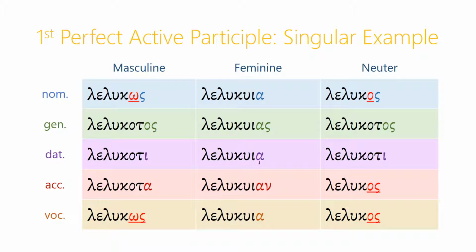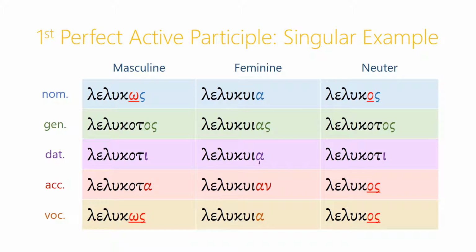As with other participles, we can see that we have regular third declension endings in the masculine and neuter, and regular first declension endings in the feminine. And in the feminine singular here, because we have the upsilon iota diphthong, Greek speakers felt it easier to add an alpha after the iota.